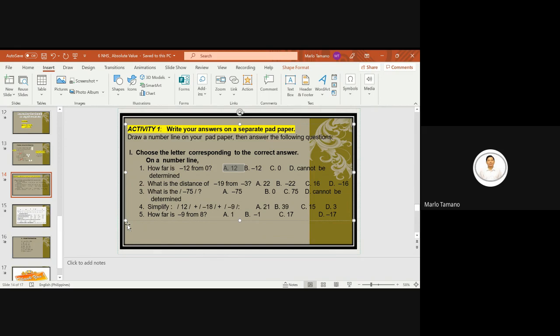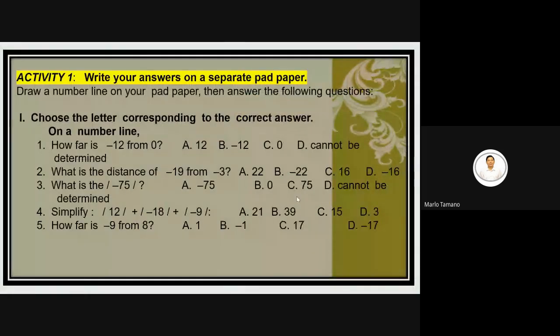Again, we are talking about distance at wala pong negative distance. Answer? C po. C. Ito po, 16.